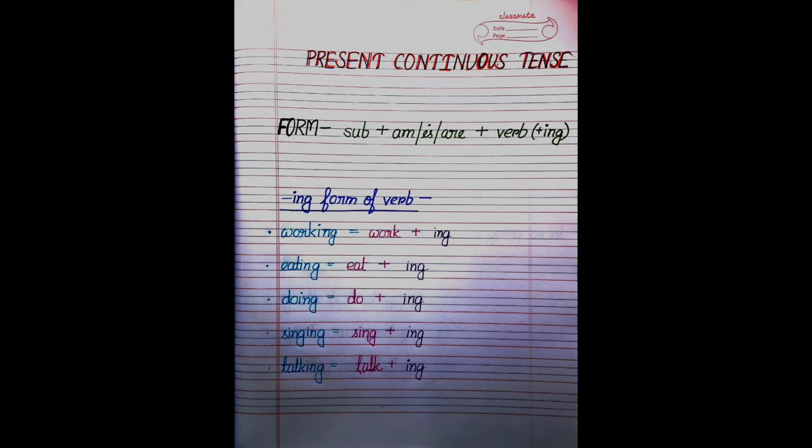Verbs like working are made up of the main verb work and ing. To represent the continuity of the verb, there can be so many verbs like it, like eating, driving, writing, reading, doing, singing, talking, and many more.